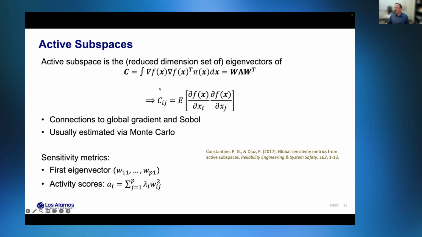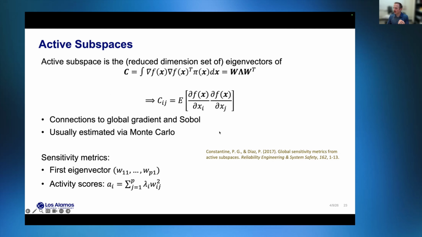And it can be really powerful for finding a lower dimensional subspace where your model is really active. It's a projection of your inputs down to a lower dimensional subspace. So it's a linear projection, but there are a lot of really interesting use cases of this kind of thing. What a lot of authors of work in that area, Paul Constantine and company, have pointed to is sensitivity metrics like using just the first eigenvector, the largest eigenvalue eigenvector, as a mechanism for sensitivity, right?